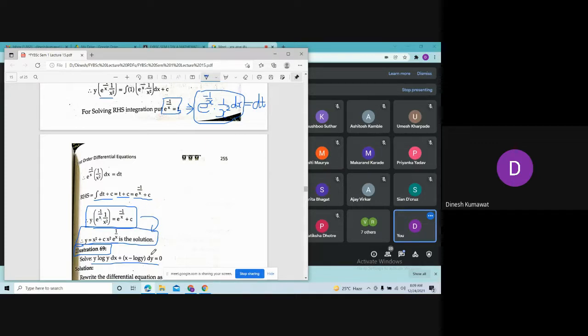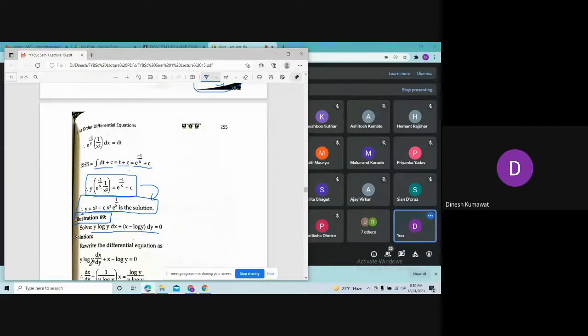Sir, linear in x, because y would become y square. Yes, it is linear in x. So for the variable it is linear in, will we write dy by dx or dx by dy? dx by dy. Okay, so here you can see the degree of y is 2 over here, the degree of x is 1, which means this is linear in x.